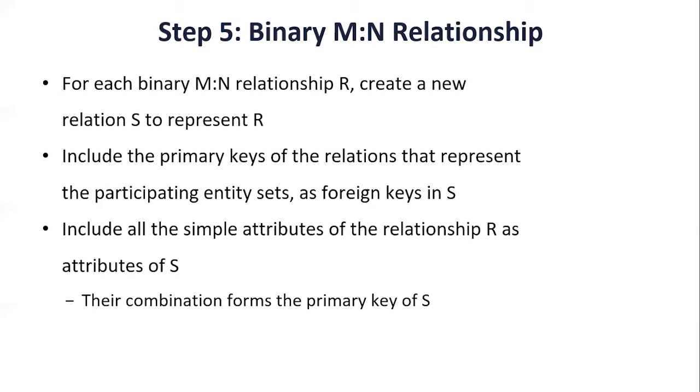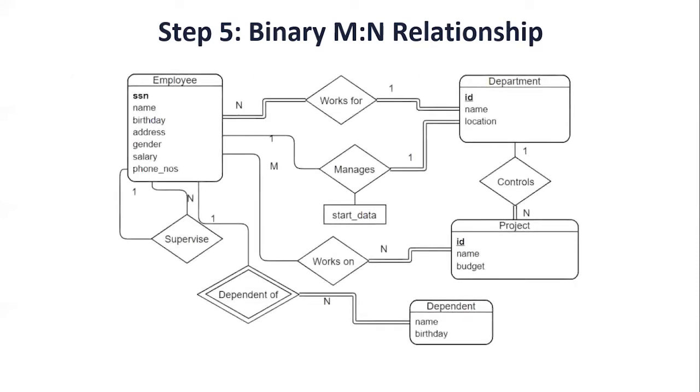So we create a new relation S and include the primary keys of both entity sets as part of the new relation S. Also include any simple attributes of the relationship R as attribute in S, and the combination of the foreign keys form the primary key for S. So let's see if we have any many to many relationships.